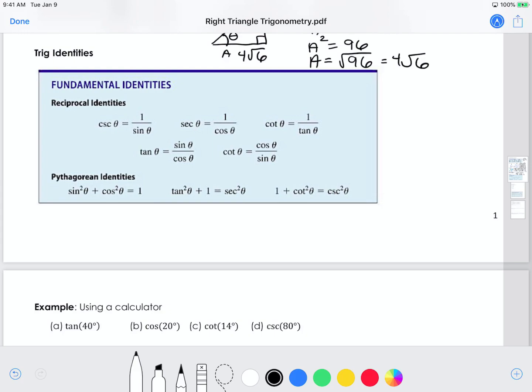So, looking at the reciprocal identities, and we're going to be using this quite a bit in trig, so you're going to end up eventually memorizing these without even trying because we use them so much. This first one here says that the value of cosecant and sine are reciprocals.